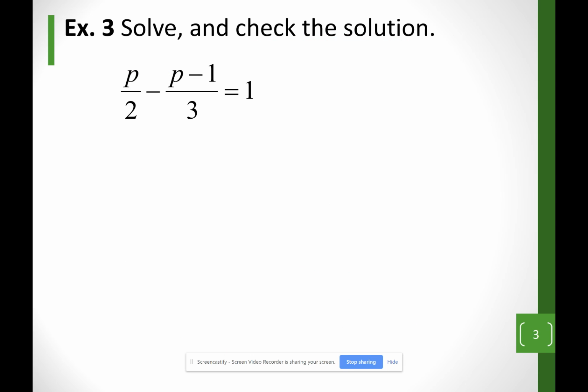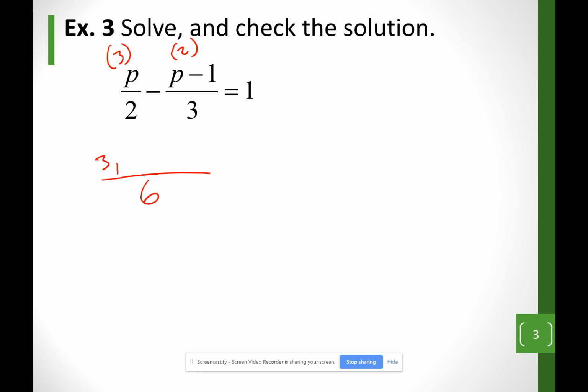Now here, I'm going to simplify the left. I can make it into just one fraction. Let's do that. My least common denominator on the left will be 6. I had to multiply the top by 3, and I had to multiply this by 2.